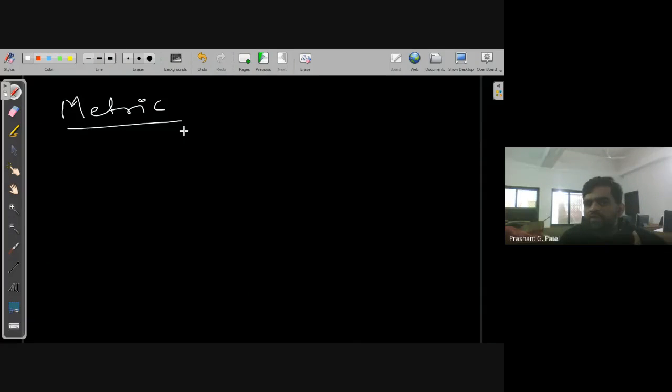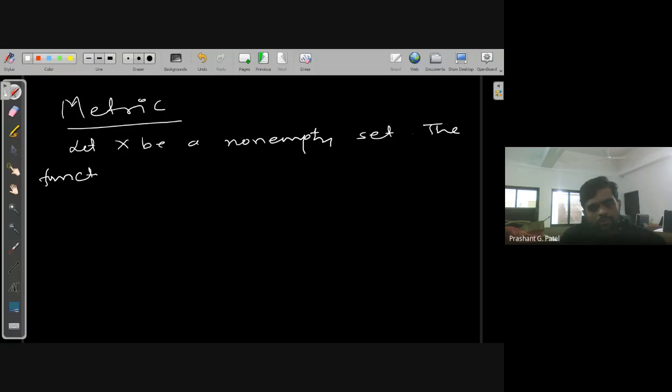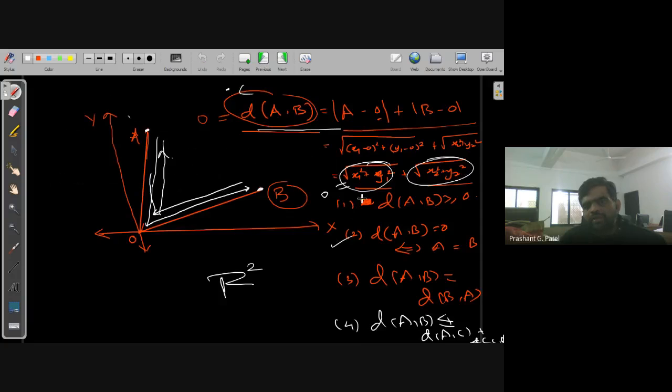For that you require one set which has to be a non-empty set. So let X be a non-empty set. The function D from X cross X to R. Why am I saying that it is a function? Distance is actually a function.